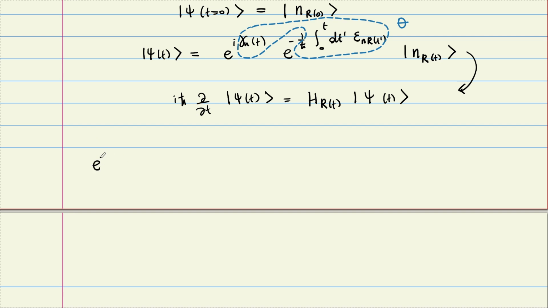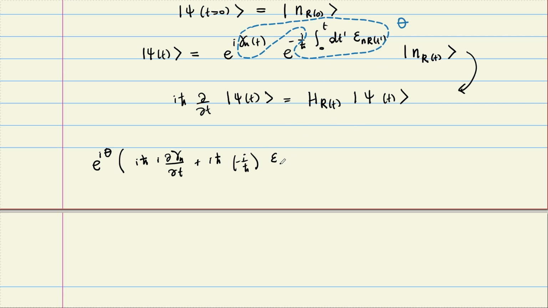First, after the derivative has acted, this e to the i theta will move to the left, and we have i h bar. The derivative acting on gamma is going to give us i del gamma n del t. Now the derivative acting on here is going to be i h bar times minus i over h bar, and the derivative of an integral is the integrand.